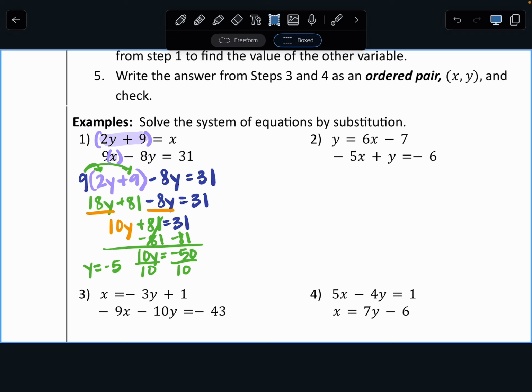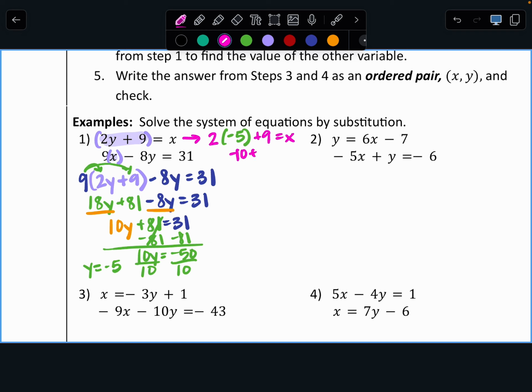Now that I know y equals negative 5, I'm going to go back to one of my equations up here and plug in negative 5 for y. So I'm going to use the top one. You can use either one. 2 times negative 5 plus 9 equals x.